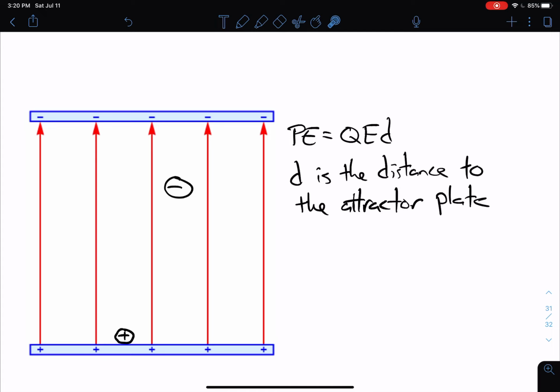So if that distance is 0, there's no potential energy. If you double this distance, you double the potential energy. If you triple the distance, you triple the potential energy. It's a linear relationship. And that makes it relatively easy to do an analysis such as you have to do in this problem.